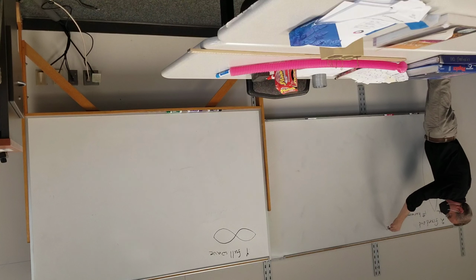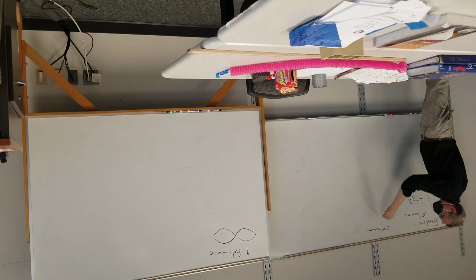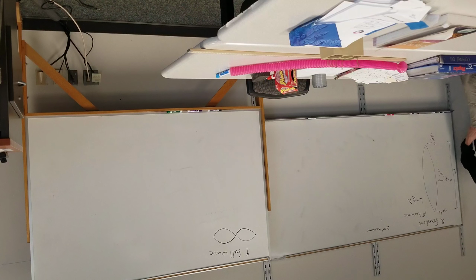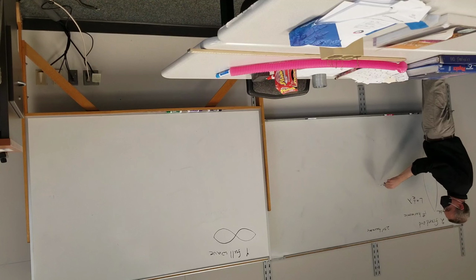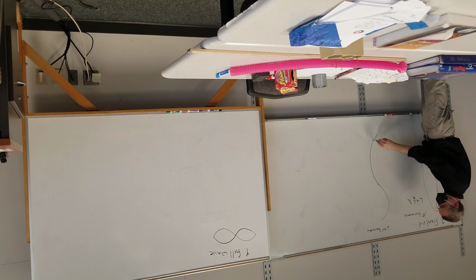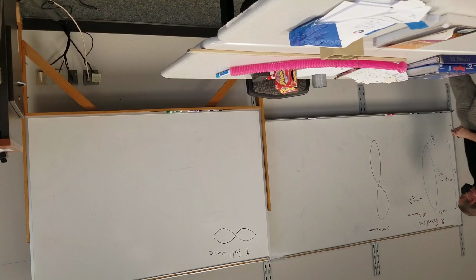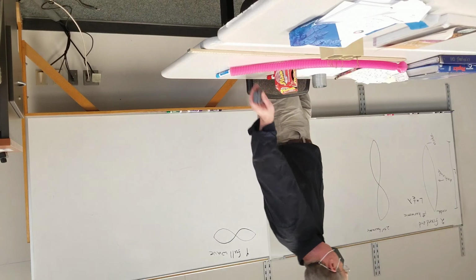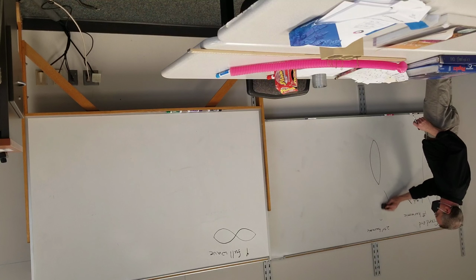The second harmonic. I got my two endpoints. They have to be nodes because they're fixed. There's going to be a node in the middle. It should be more symmetric than the way I'm drawing it right there.